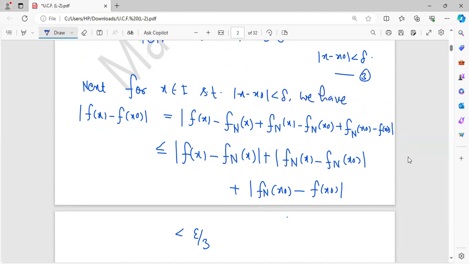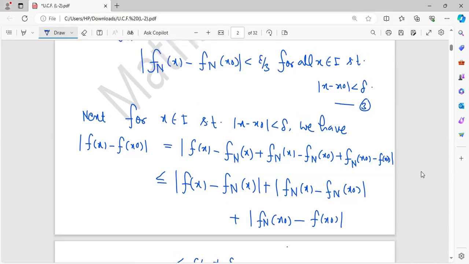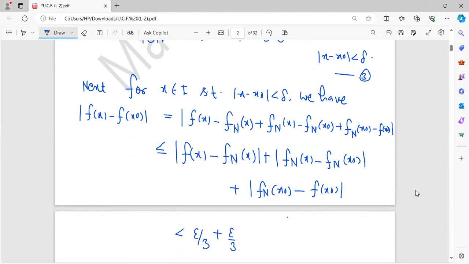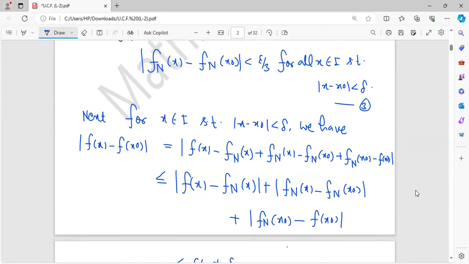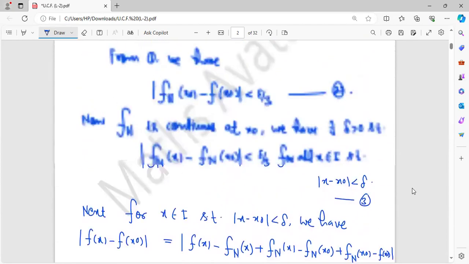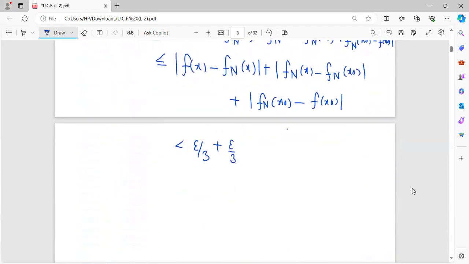Because x belongs to I, we can use equation number 1, and it is less than epsilon by 3. And what about the next term? By equation number 3 it is also less than epsilon by 3, because equation number 3 holds if x belongs to I such that |x - x naught| < delta, so we can use it. Now what about |Fn(x naught) - F(x naught)|? This comes from equation number 2, so we use equation number 2 here.